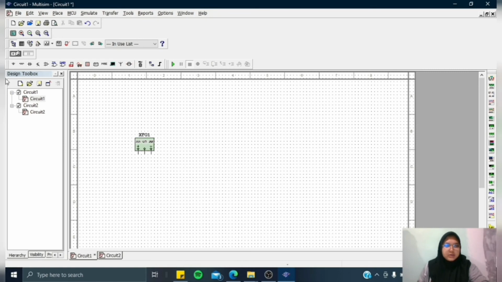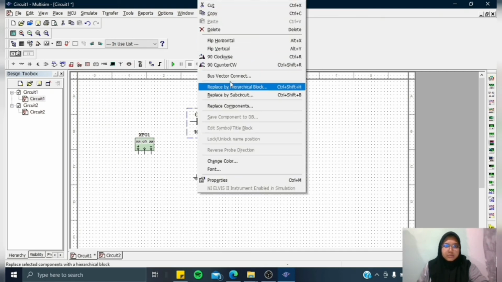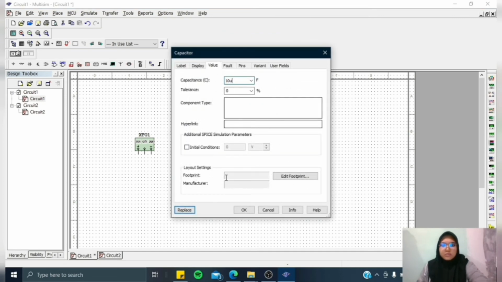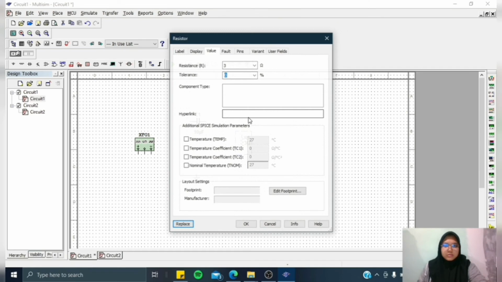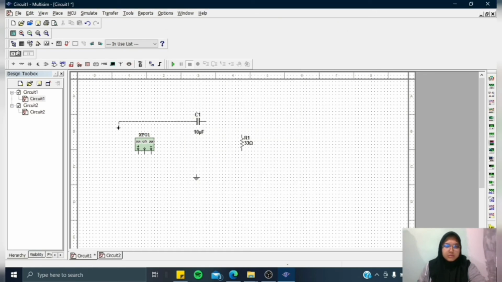Put the function generator, connect with the circuit, connect with the oscilloscope.